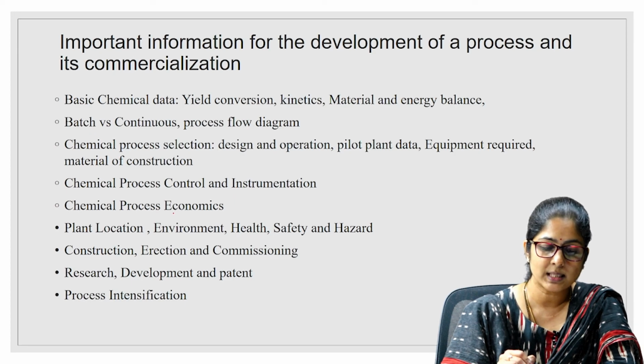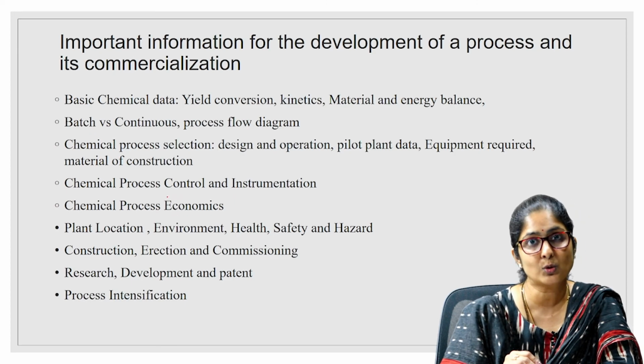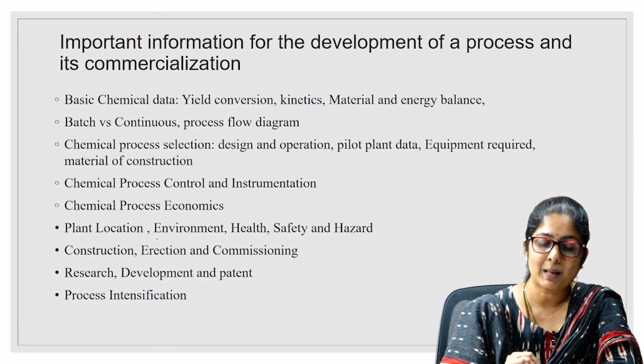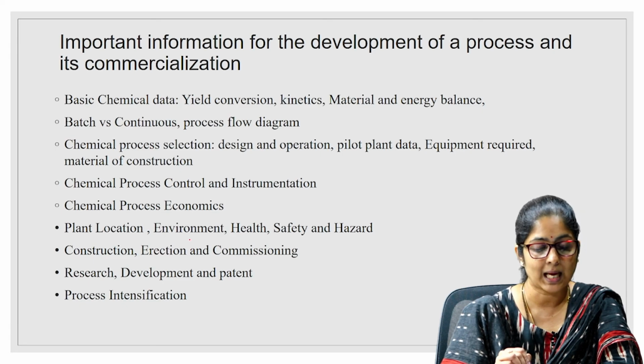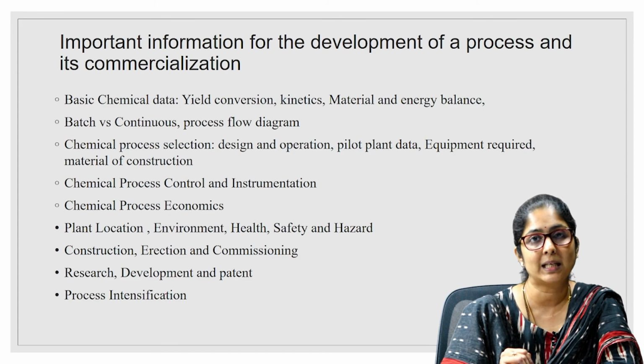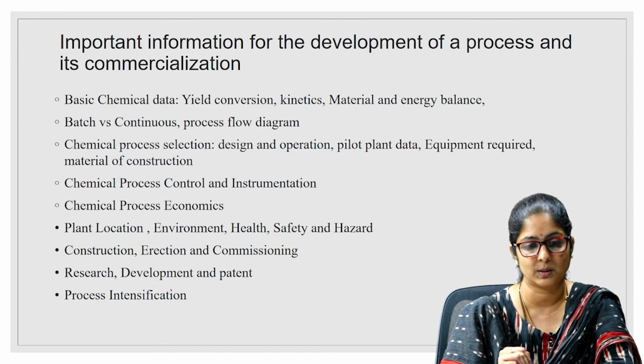As you can also see here, process economics should also be done by the engineer. Once all these things are set right, you can go for the plant location, safety and health. Then you have the construction of the plant. Once the plant is constructed and functioning, you have the research and development, and finally the process intensification.